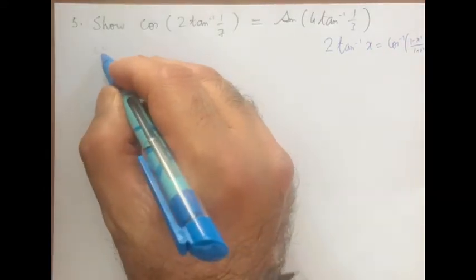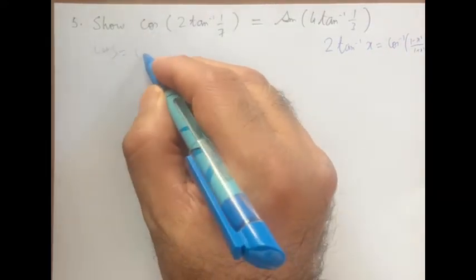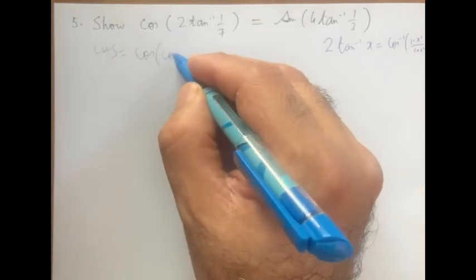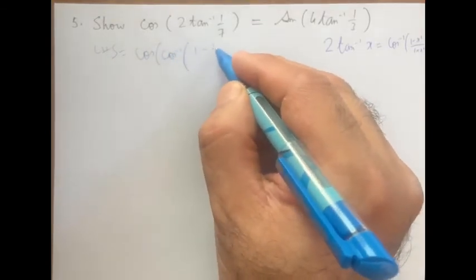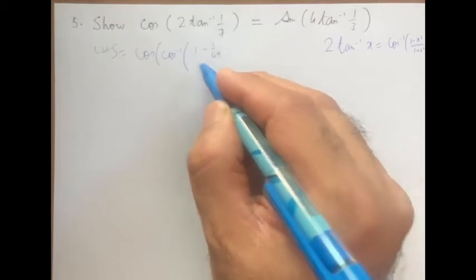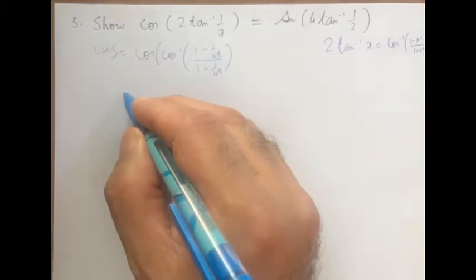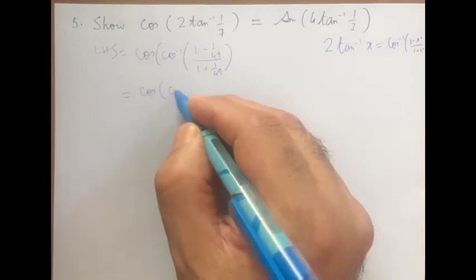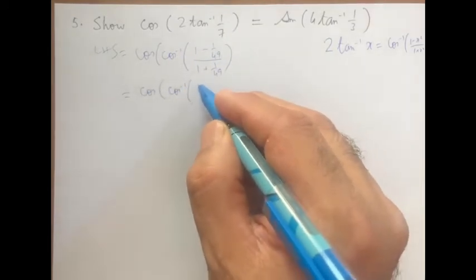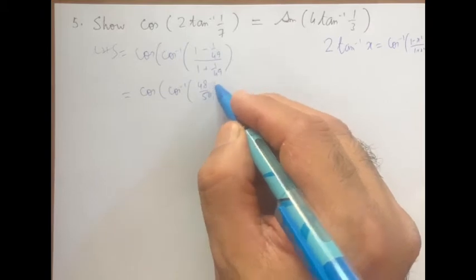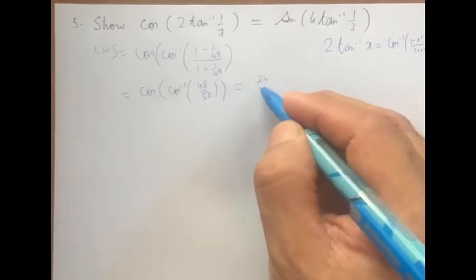So we can write the left hand side as cos of cos inverse of 1 minus 1 by 7 square, 1 by 49, upon 1 plus 1 by 49. That is cos of cos inverse of 48 upon 50, or this is 24 by 25.